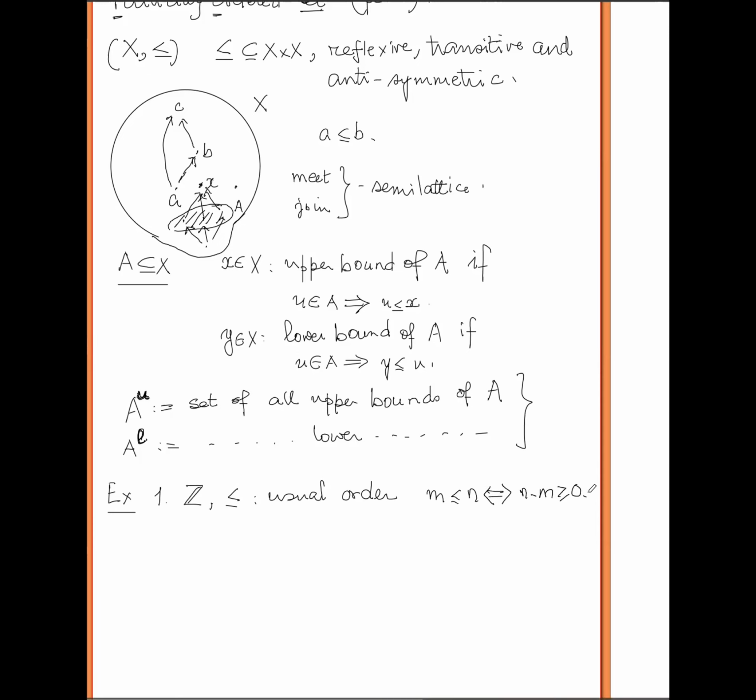Okay, the usual order. So what can you say to be the upper bounds of, suppose I take A to be the integers up to 10. So what is A^U? Any idea?